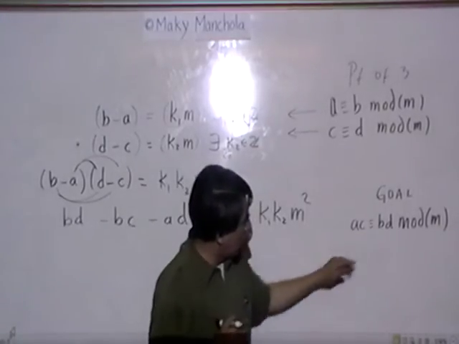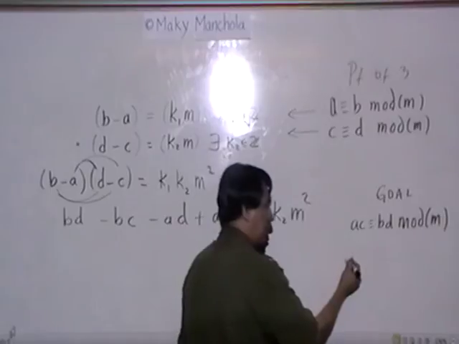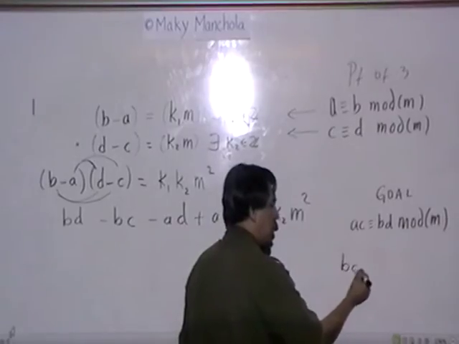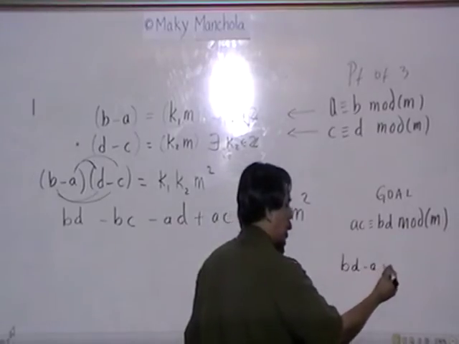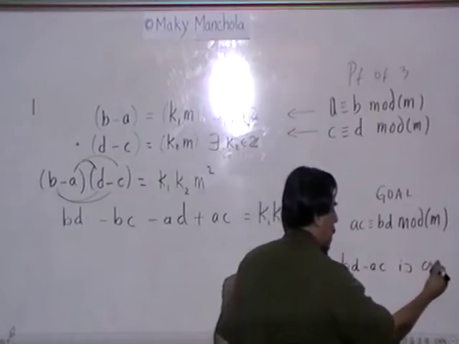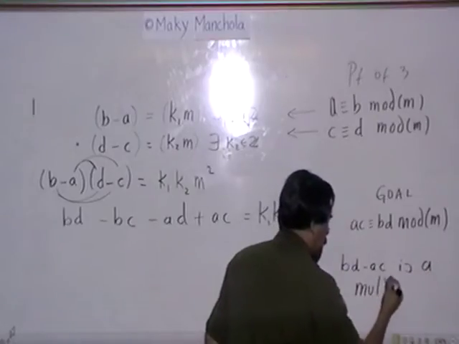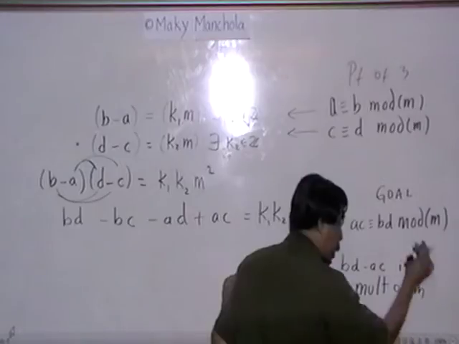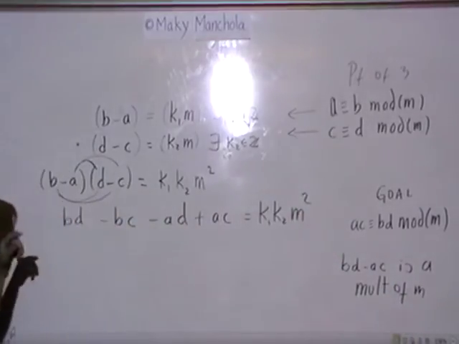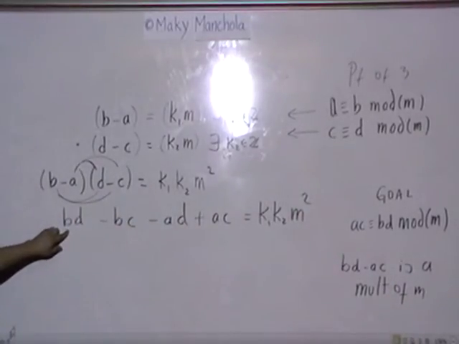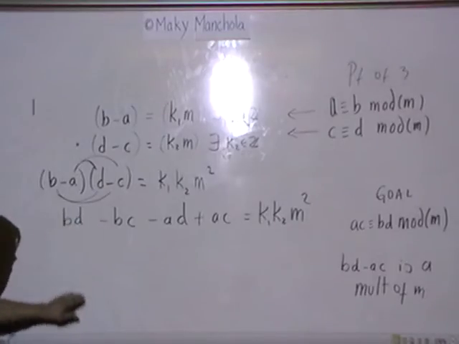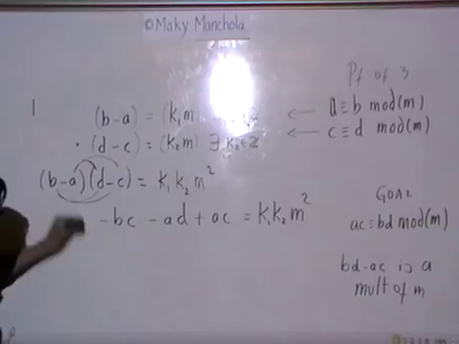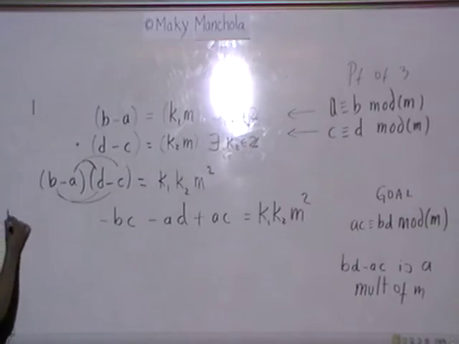Our goal, if you think about what it means, is that bd minus ac is a multiple of m. So I have the bd part, but I don't have the minus ac right now. So let's introduce it.